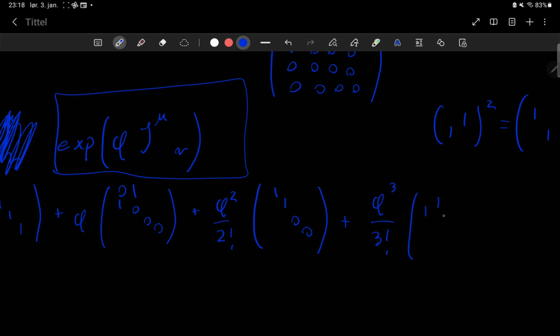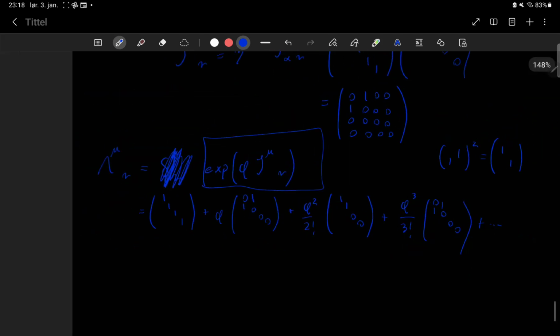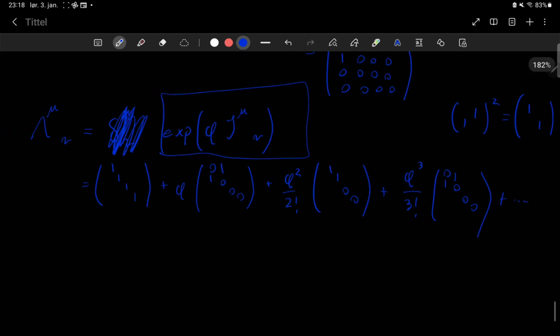And now we're back to where we started, and so on. Okay, now things look how I expect them. 2, 2, 3, 3, they're both 1. We get most off diagonals being 0, except for the 2 by 2 here.